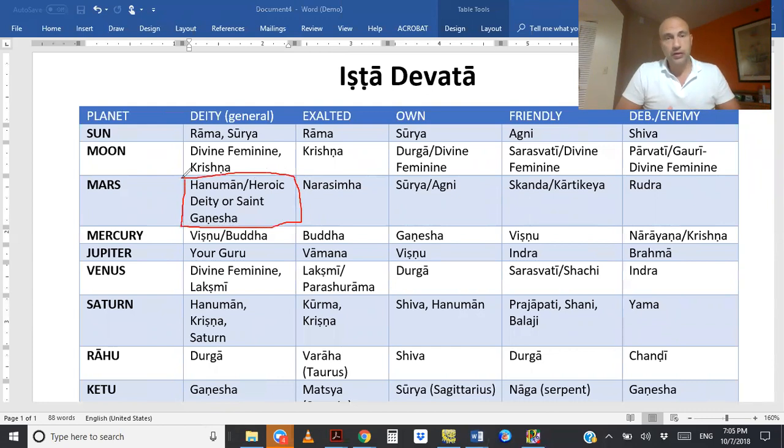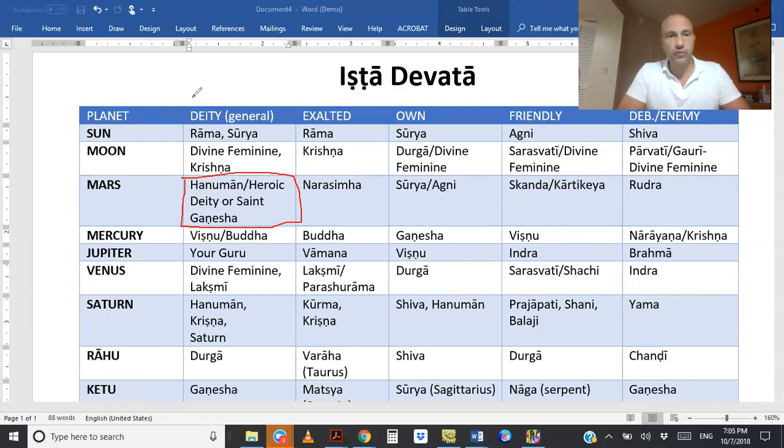Is there an aspect of Jesus, when he walks into the temple and turns over the tables and shows his courage and his righteous anger? That's the form of the divine that this person connects to with this horoscope. So this isn't just in the Hindu tradition. You can extrapolate this to really any spiritual tradition.